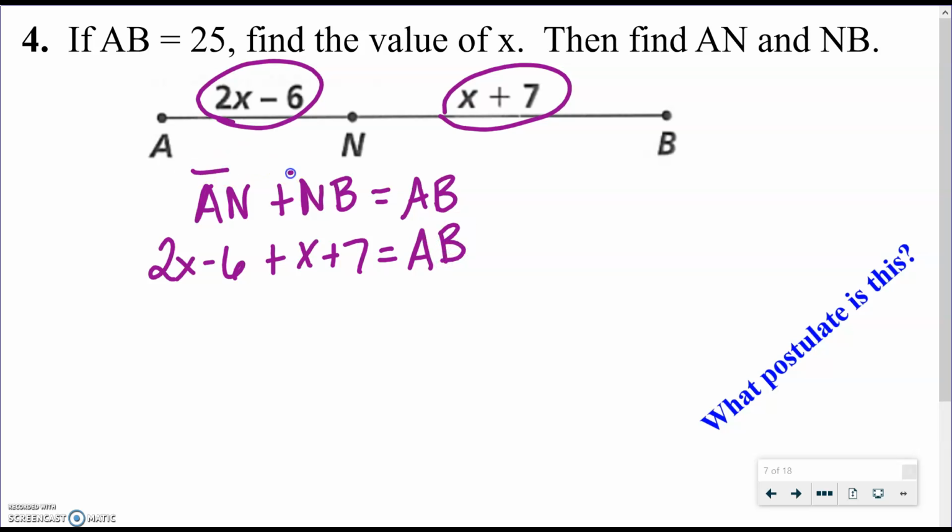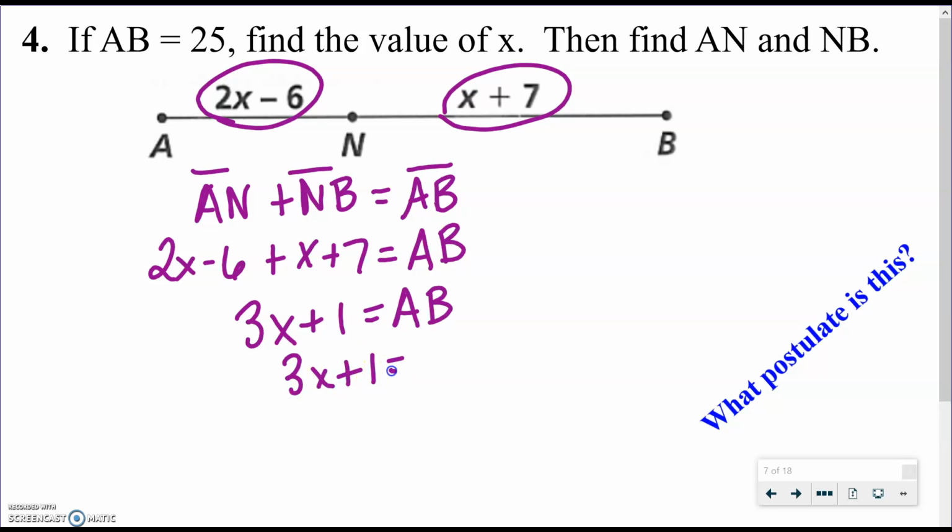Okay, and I'm going to make sure I put that segment notation on there. It's hard to do that typing sometimes, but if I'm writing, I really try to do that. So then we have 3x plus 1 equals AB. And now we know AB is 25. So we have 3x plus 1 equals 25. So I can subtract 1 and get 3x equals 24. So x is equal to 8.